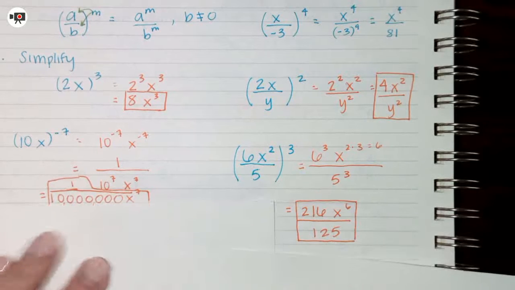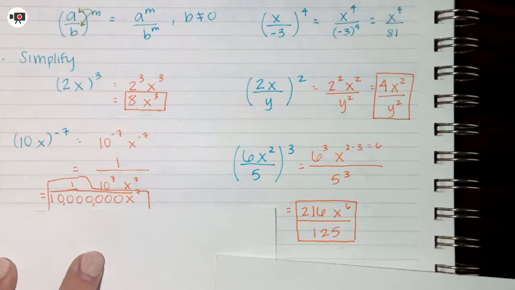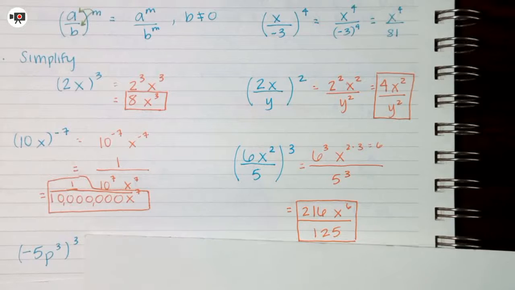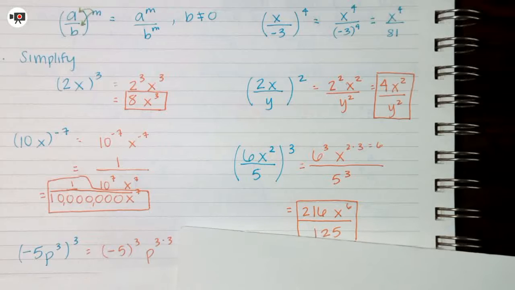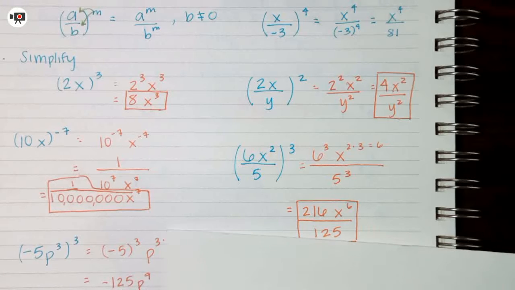And I can simplify those. 6 to the 3rd power is 216, x to the 6th over 125. If I have negative 5 times p to the 3rd, all to the 3rd, this is negative 5 to the 3rd times p to the 3 times 3. So this would be negative 125 p to the 9th.